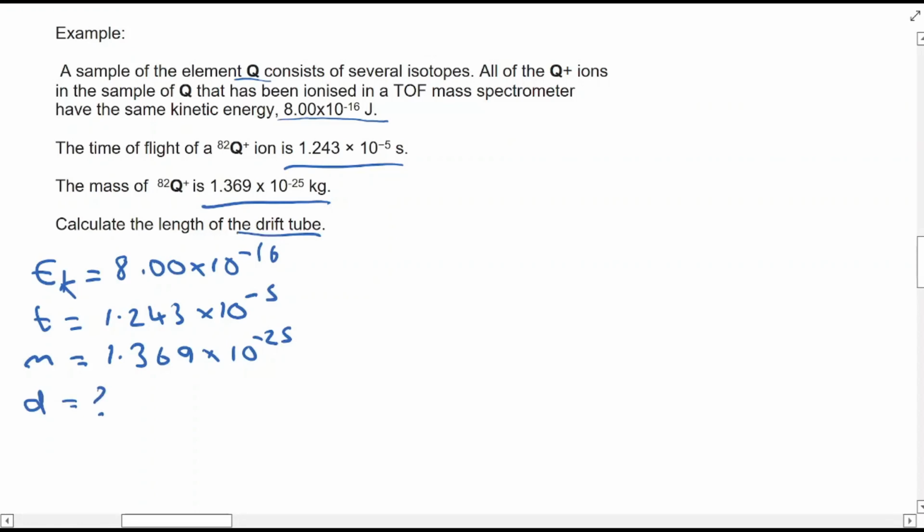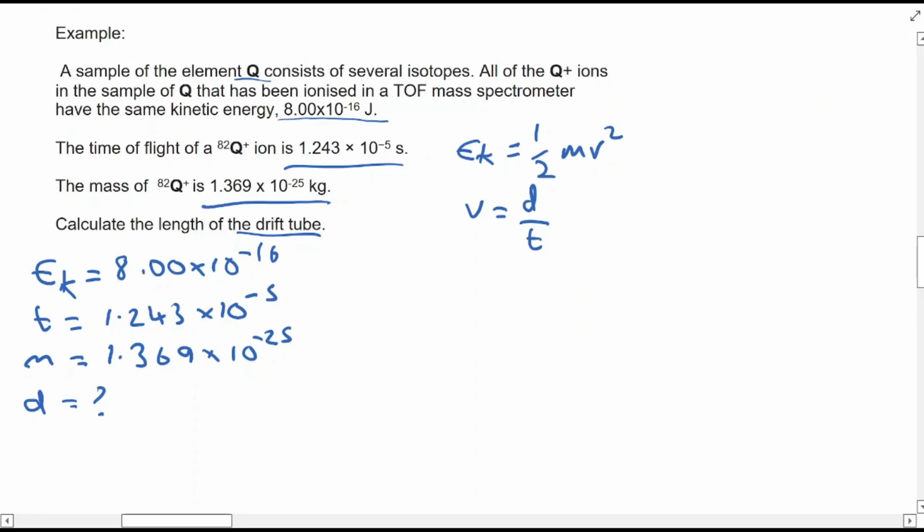We know we've got our two equations: EK equals half mv squared, and velocity equals distance divided by time. So our strategy is, if we can work out the velocity, then we can use the time and the velocity to work out the distance.